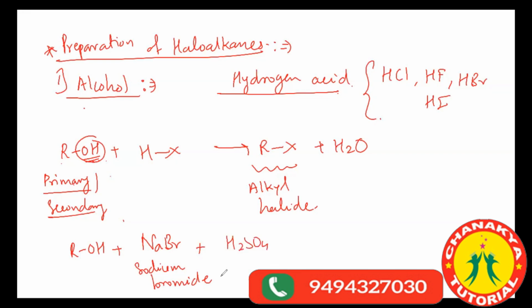What will you get? Obviously, your main purpose is to prepare haloalkanes, right? So the alkyl group is here, it must go with your halogen. So your first and basic product should be R, come on, tell me, Br. Correct?